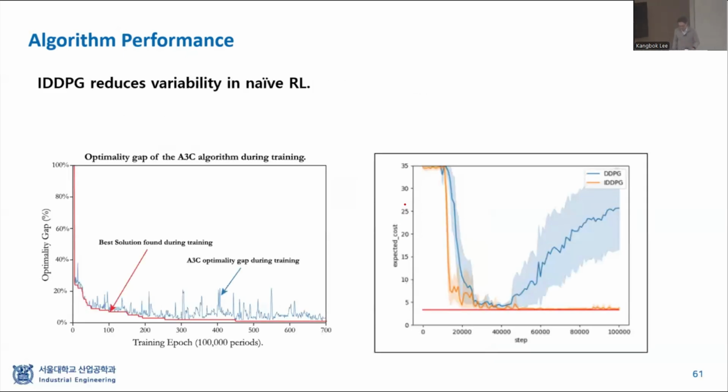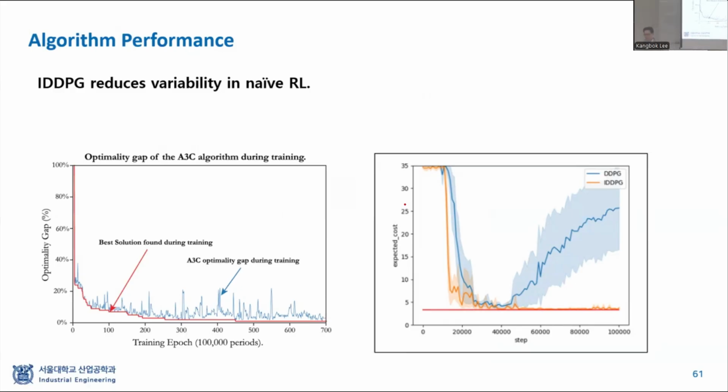So this graph just shows that not only is the optimality gap good, but during the training time, our algorithm has a monotonic decrease in the optimality gap.